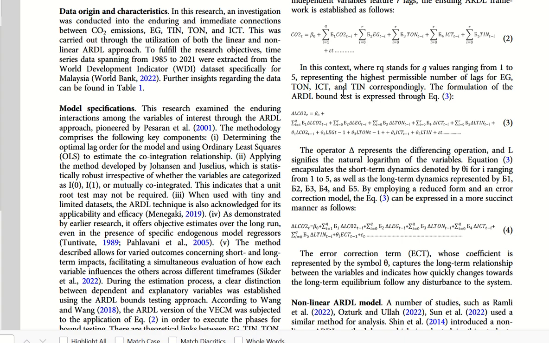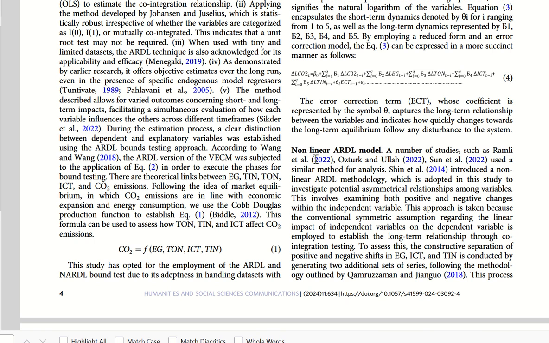But the author also includes another model, NARDL, to check both positive and negative effects in the short run and long run. So in step number 7, we will discuss the NARDL, the non-linear model. Here it is mentioned that non-linear ARDL means NARDL.